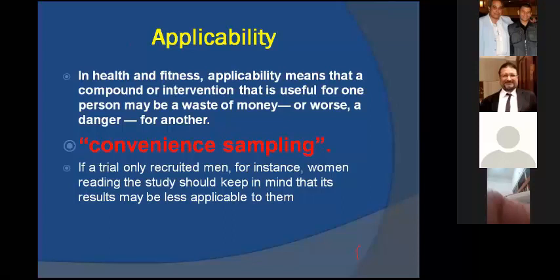And now we have to discuss: is the paper applicable? What do we mean by applicability? In health and fitness, applicability means that a compound or intervention may be useful for one person and may not be for another, and may be a waste of money or worse, a danger. For example, if we use contraceptive pills, we will be discussing our sample of certain females in a certain period of time.